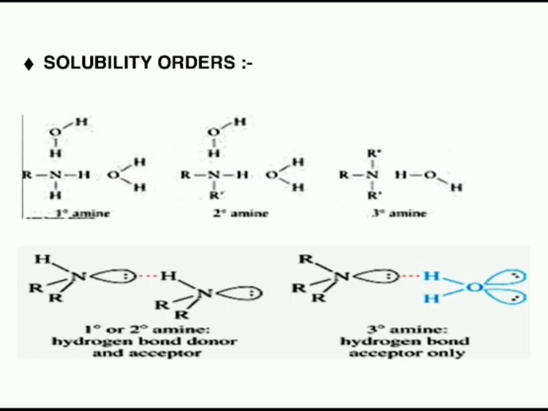As you can understand from the diagram here, nitrogen is donating its electron pair to the hydrogen, and this interaction leads to the formation of an intermolecular hydrogen bond between the amine and the water and enables it to dissolve in the water molecule. So in this way we have come to the conclusion that primary, secondary and tertiary amines are soluble in water.